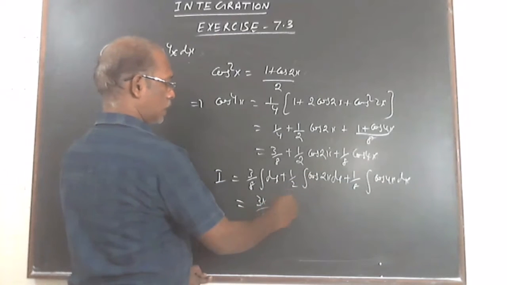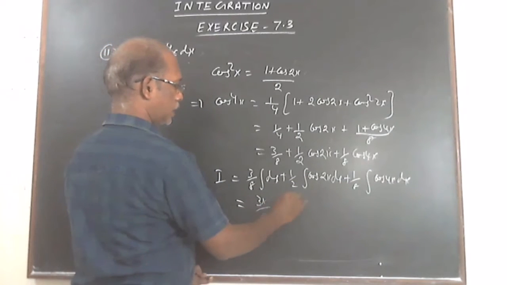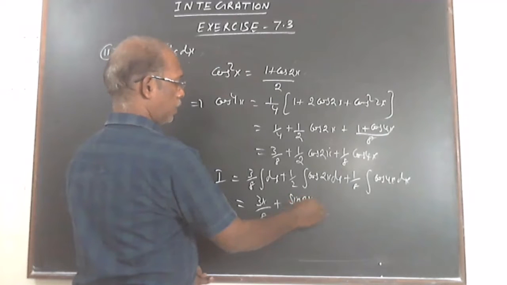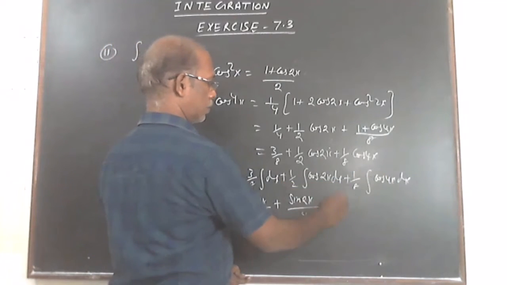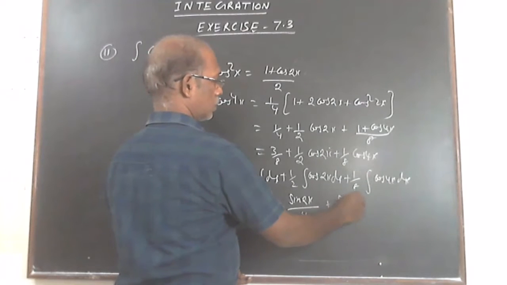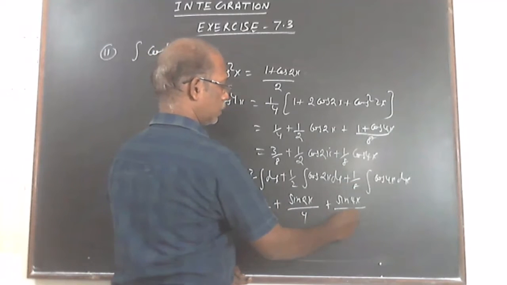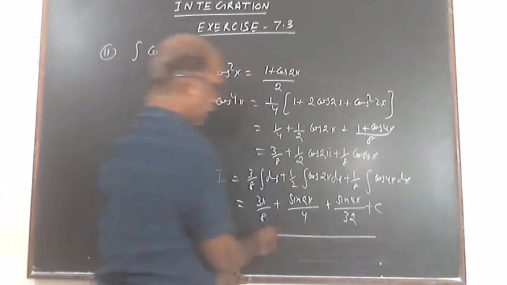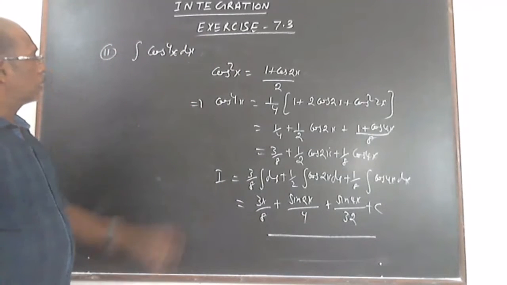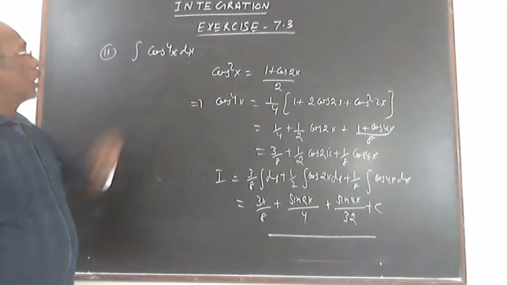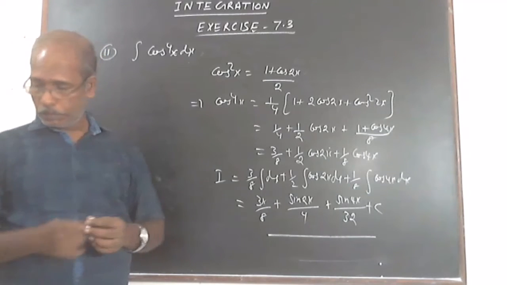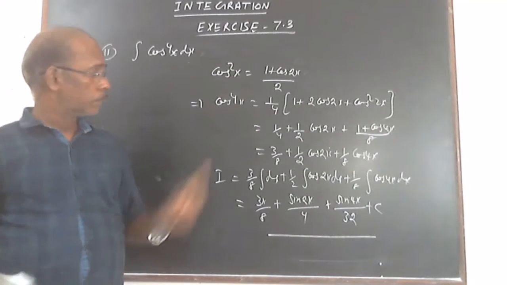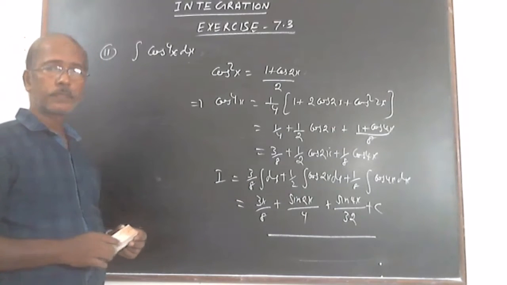The integral of cos 2x is sin 2x by 2 into 2, 4. The integral of cos 4x is sin 4x by 4 into 8, 32, with the integral constant. Copy this. This is the integral of cos power 4x, question number 11. We'll move to question number 12.